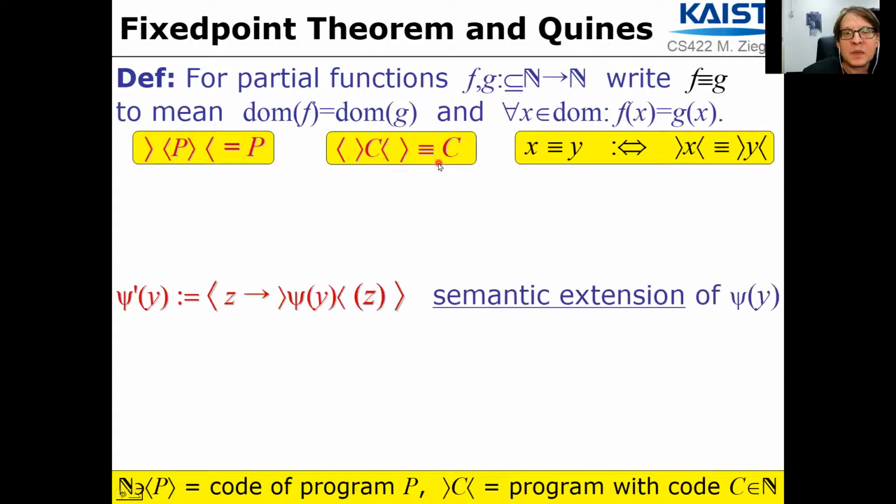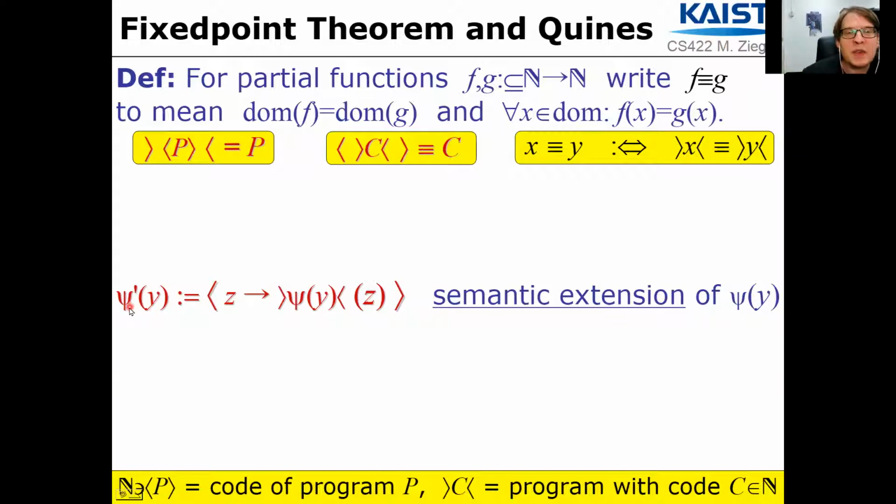Good. And here's a maybe more advanced example, namely the semantic extension. To this end, consider some partial function psi from natural numbers to natural numbers. So for some argument values y, it may be defined, for others, it may be undefined.